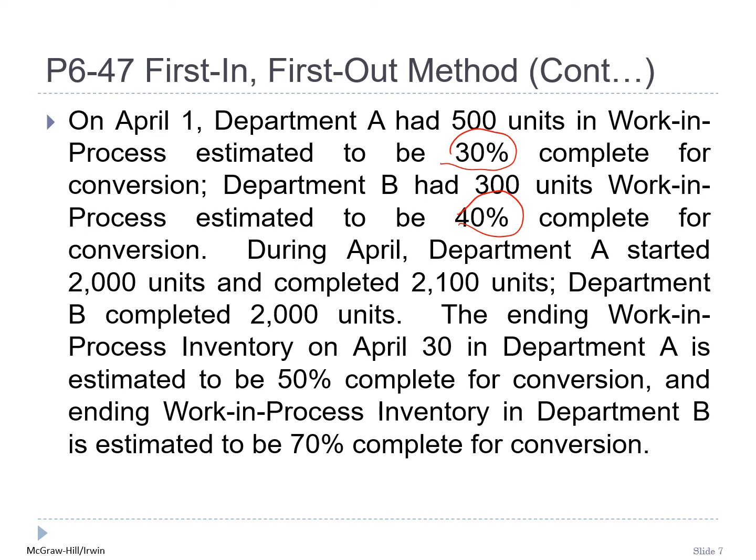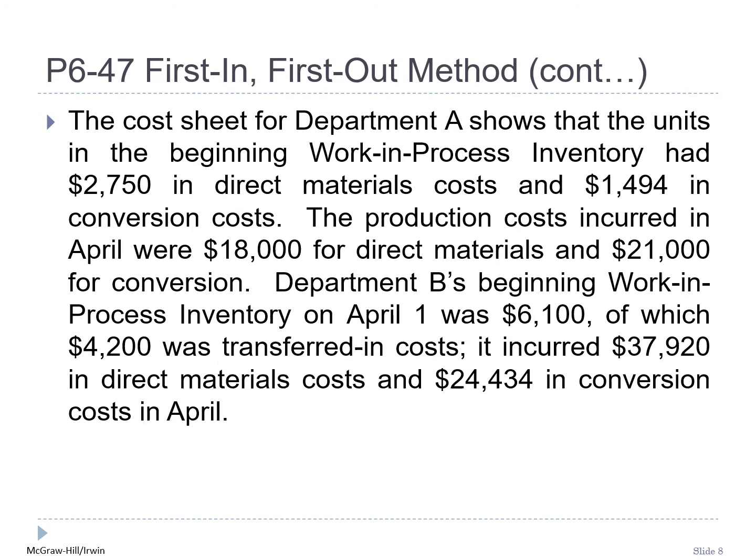So in effect, parang current period mo siya ni-start i-convert o i-produce. Pero pagdating sa FIFO, hindi. So, magmamatter ngayon, i-consider ngayon natin yung percentage of completion ng beginning inventory. Yan, the cost sheet for Department A.